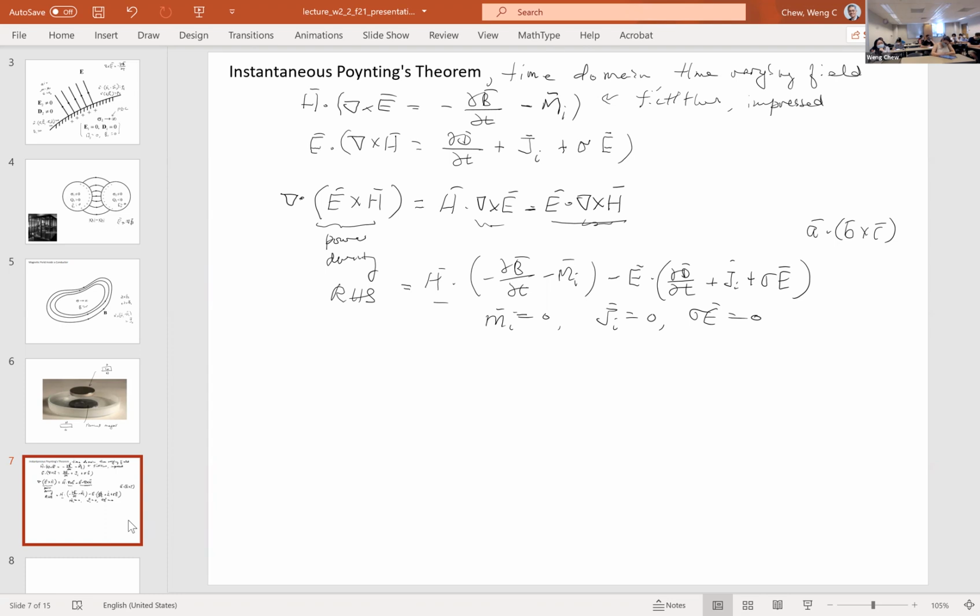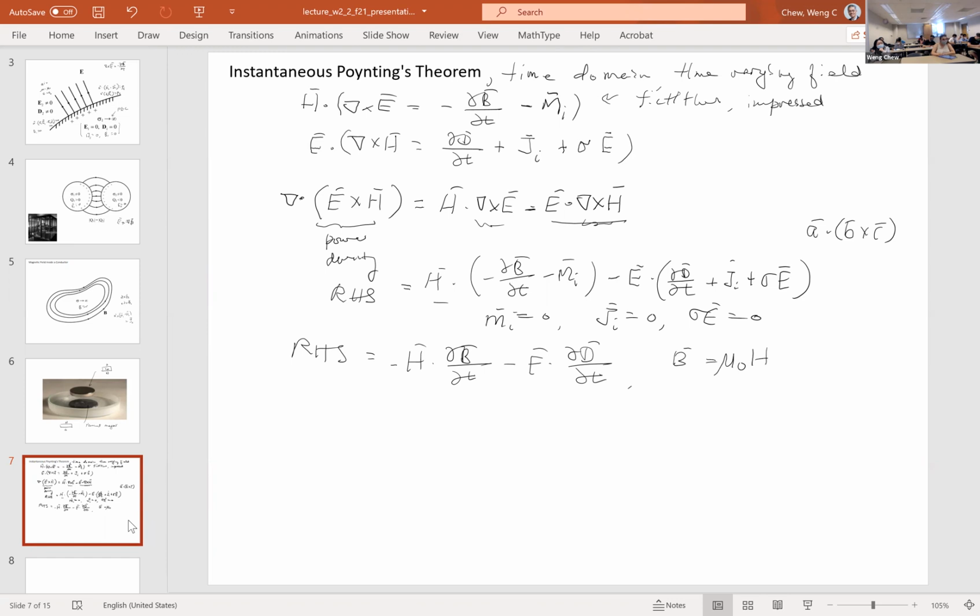And you will see that the right-hand side is just equal to minus H dot dB dt, and then minus E dot dD dt. And this could be simplified because B and H are related.